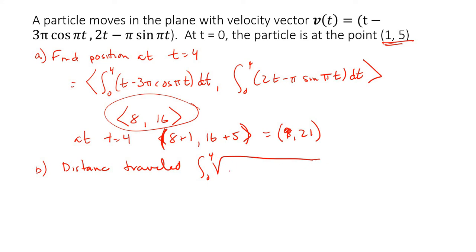So again, t minus 3 pi cos pi t squared plus 2t minus pi sine pi t squared dt. And this is approximately 33.53.